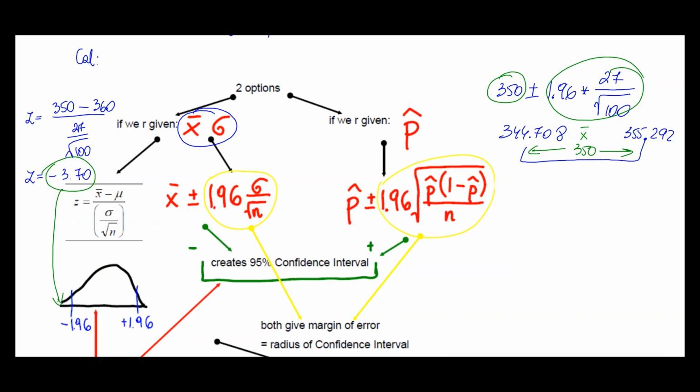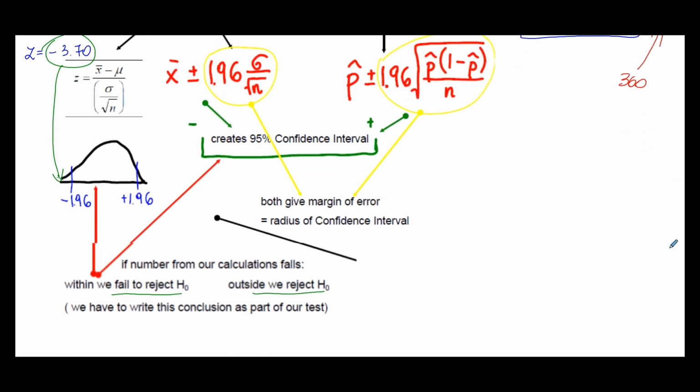So what we are testing is 360, and again 360 is outside of our interval. So again here the same conclusion. If our number falls outside, which it did, therefore we reject the null hypothesis and we accept the alternative hypothesis.